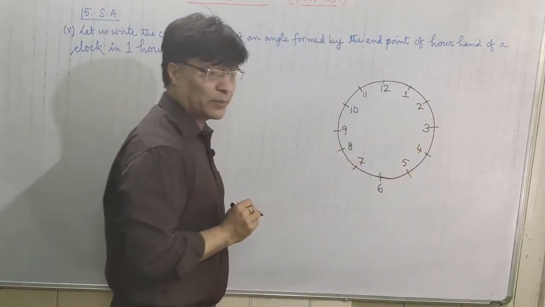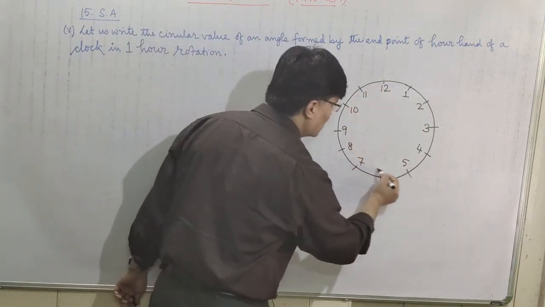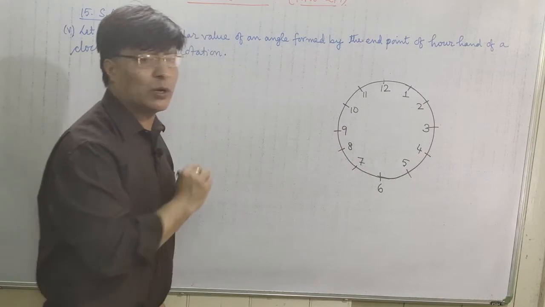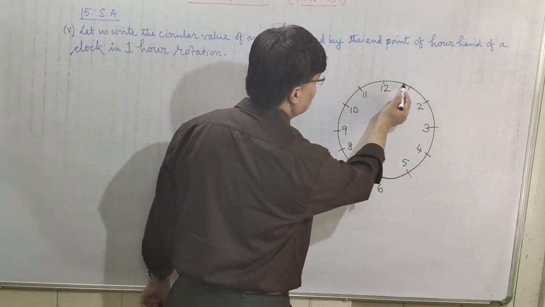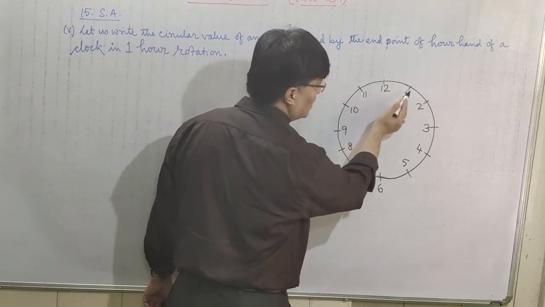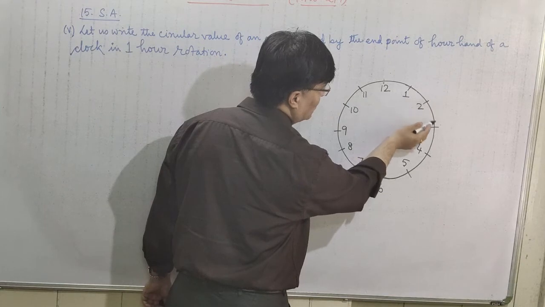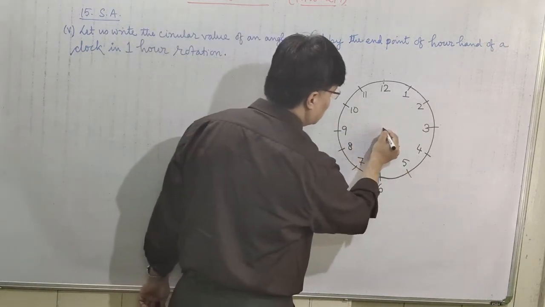You should know it. So now, since this circumference of the clock is divided into 12 equal parts, what is the angle between this successive interval of time? That is, what is the angle between 12 and 1? What is the angle between 1 and 2? What is the angle between 2 and 3? And so on. Right? So you know that this is the center of the circle.